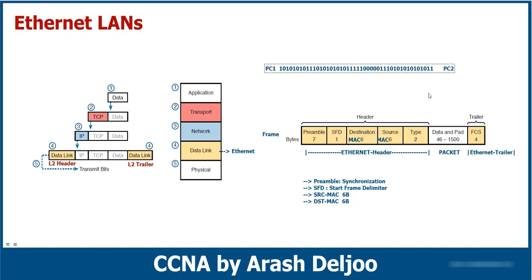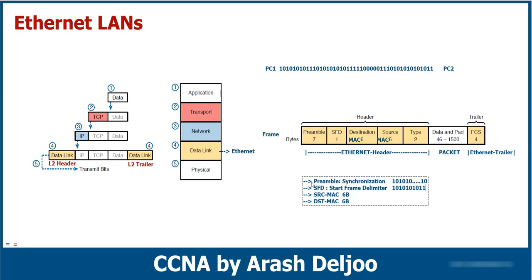Okay, because of that, we need a mechanism. This mechanism is named preamble plus SFD. Let me talk first about the preamble. The preamble, as you can see here, has 7 bytes. 7 bytes means 56 bits. And the pattern we are using in the preamble is 10101010, and so on for 56 bits. And the start frame delimiter has this content: 10101011.